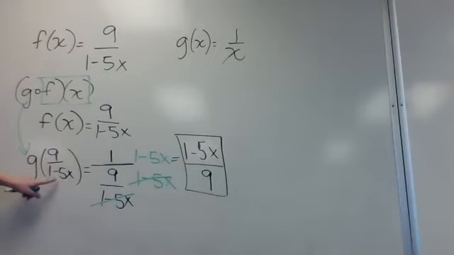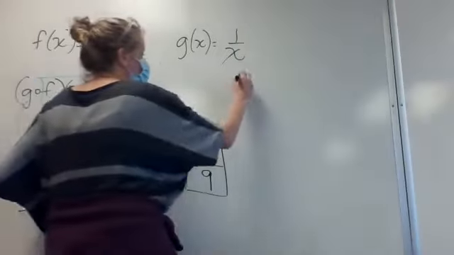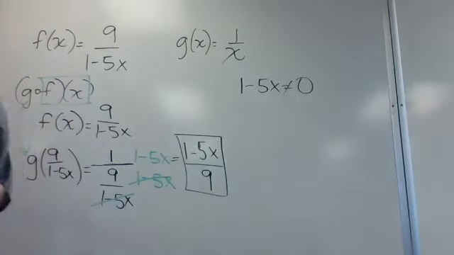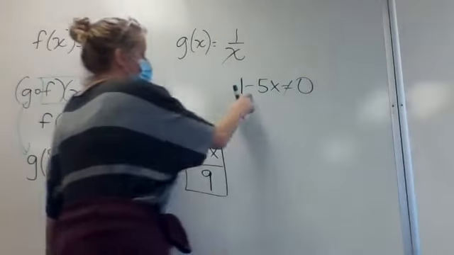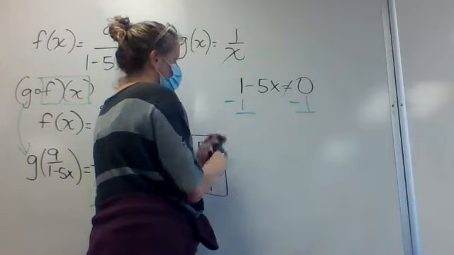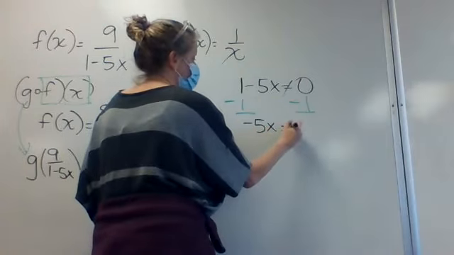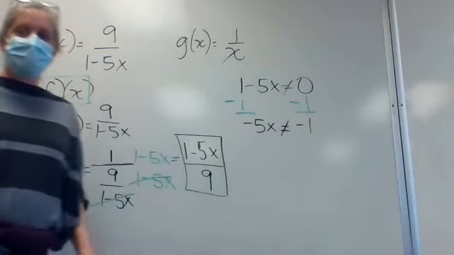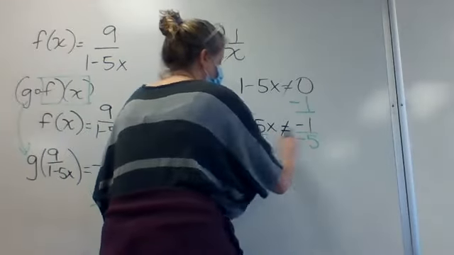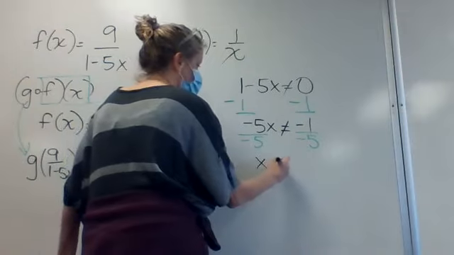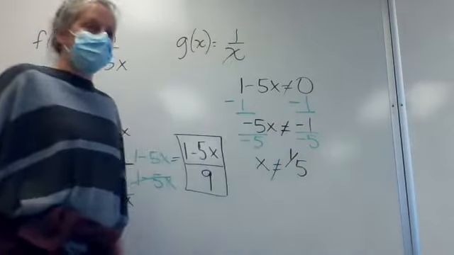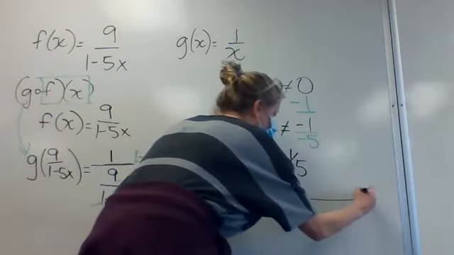This does have a restriction because its denominator, which is 1 minus 5x, can't equal 0. Solve it for x. So subtract the 1. So negative 5x can't equal negative 1 and divide by negative 5. So x can't equal that negative over negative turns to positive 1/5.